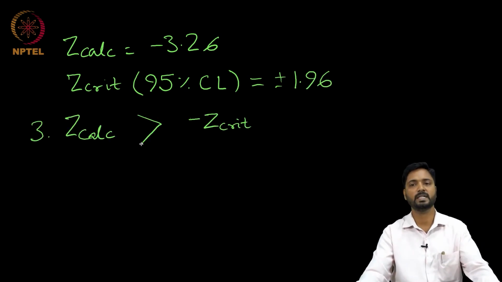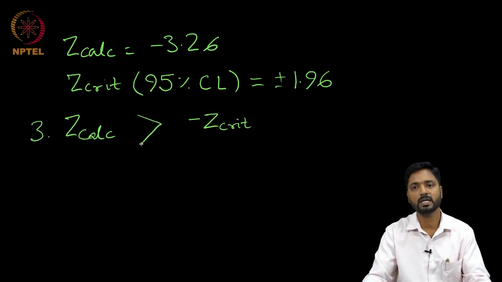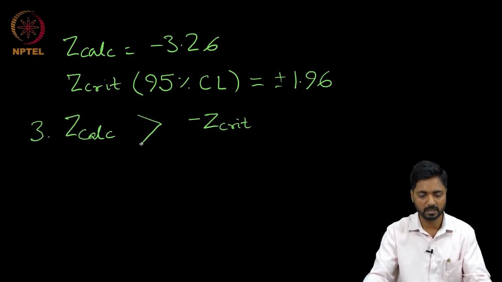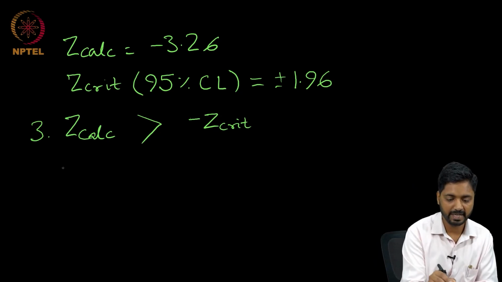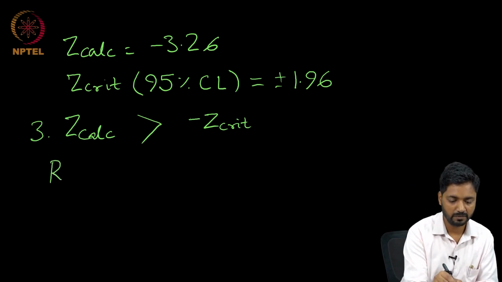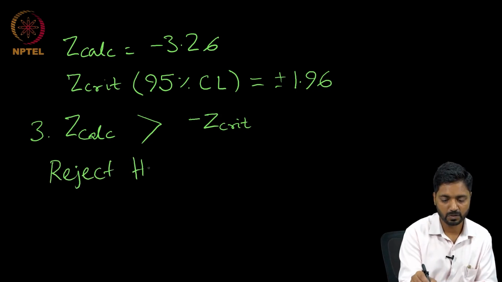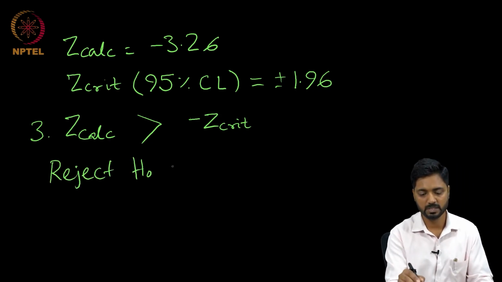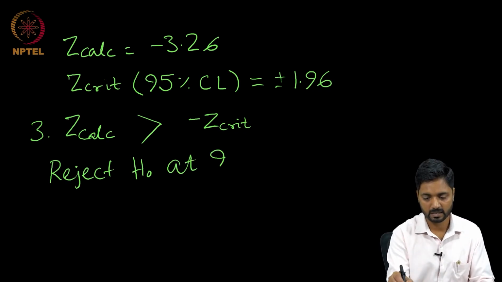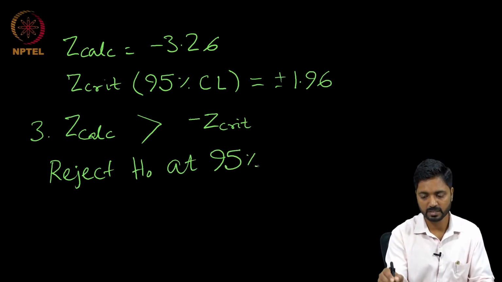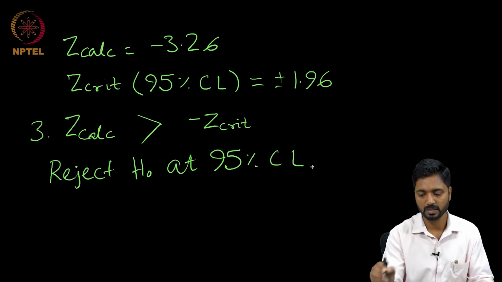So, z calculated is beyond the negative value of the z critical, so we say that we need to reject H naught, the null hypothesis, at 95% confidence level.